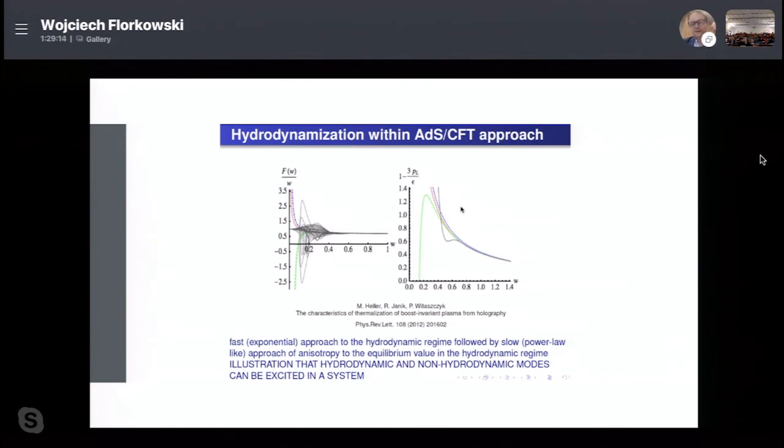But again, I have some doubt about this. I can repeat what Francesco has just said, that these attractors were identified only for a very simple one-dimensional Bjorken invariant expansion.